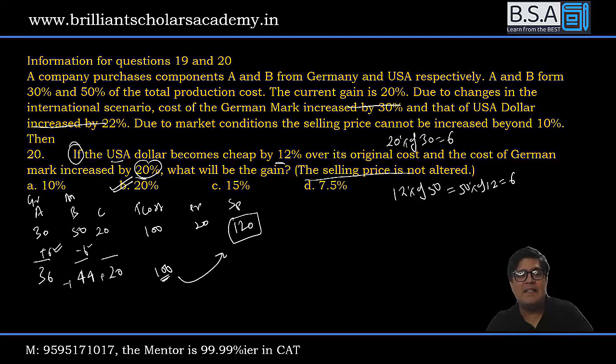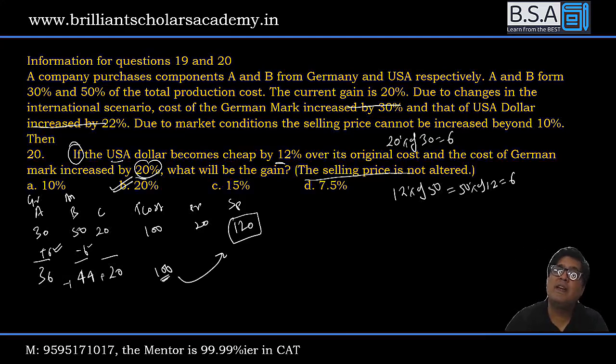That much decrease has happened in the American dollar. Increase decrease cancel हो गया. Total cost remains same. Selling price remains same. So profit will also remain same. Profit does not change. देखो confirm करो इसको.